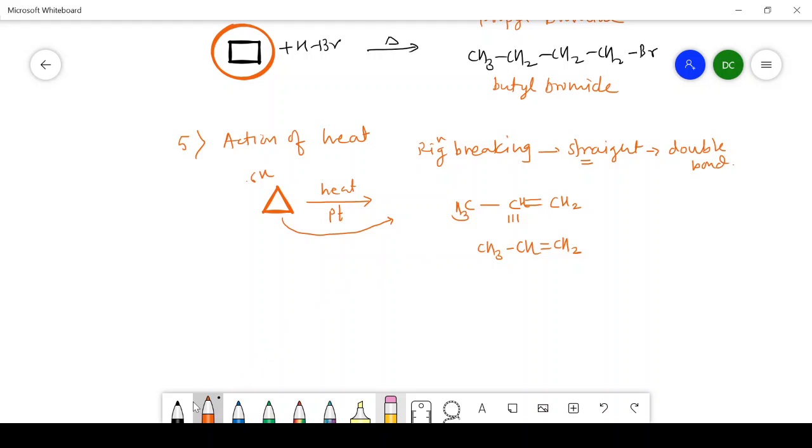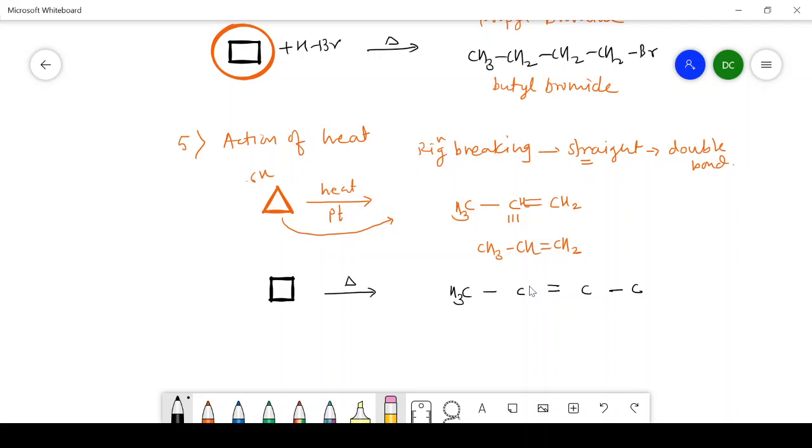Now, consider a next example, that is a cyclobutane. When it is heated, what will happen? First of all, we will write here four carbon chain, and in this compound, I will put a double bond. Now this carbon, it is having three hydrogens.